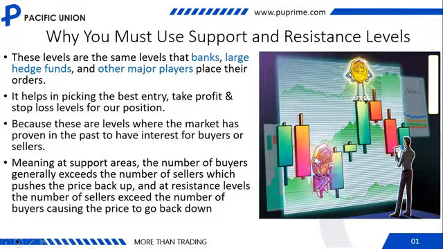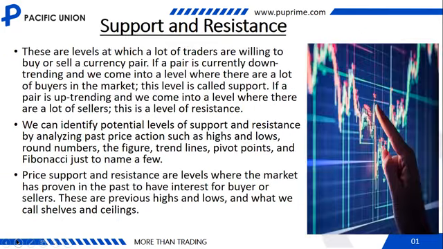As the price is coming down, it means selling is in action. When it gets to an area and starts going up, it means at that point buyers are in action. Support and resistance are levels at which a lot of traders are willing to buy or sell a currency pair.